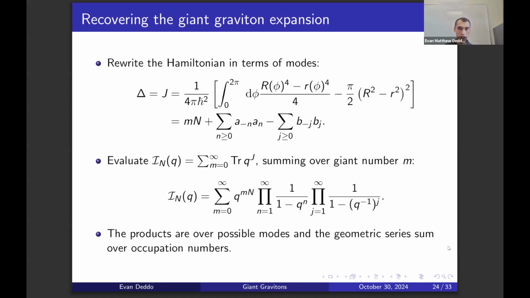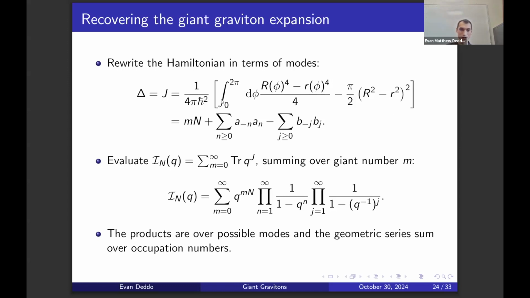So the idea now is that we can rewrite our Hamiltonian in terms of modes. By Hamiltonian, I mean the expression for J. We can think about this as a Hamiltonian in terms of this fermion description. We have the formula for J, which depends on the profile of these droplets, an integral over them.